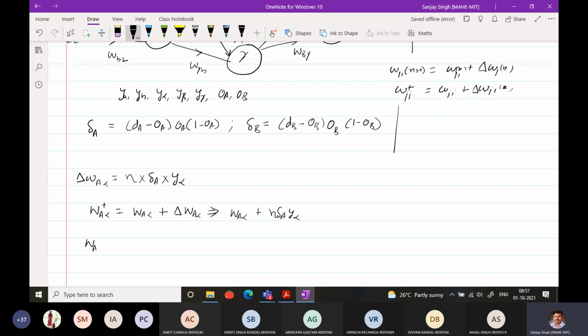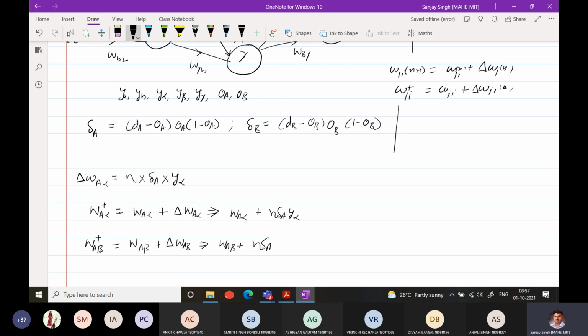WA beta plus equals WA beta plus delta WA beta, which is WA beta plus eta times, and we are still talking about neuron A only, so the local gradient remains the same.